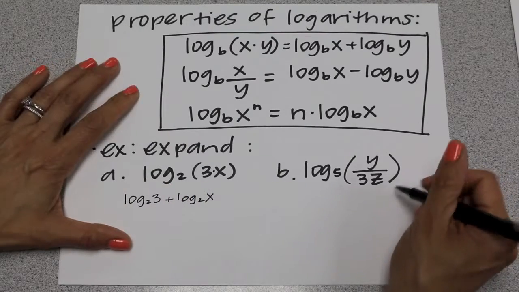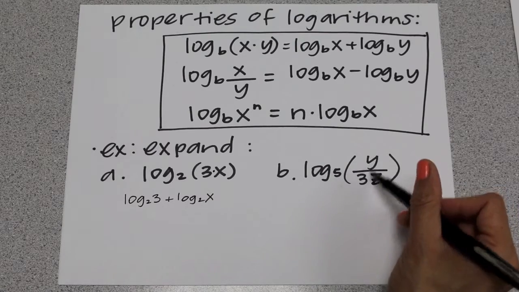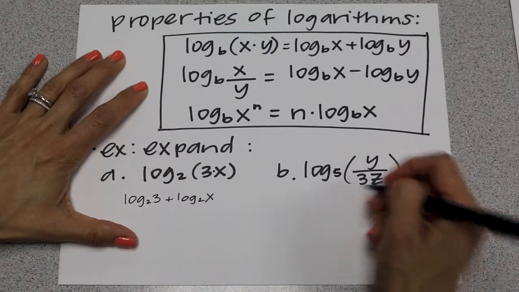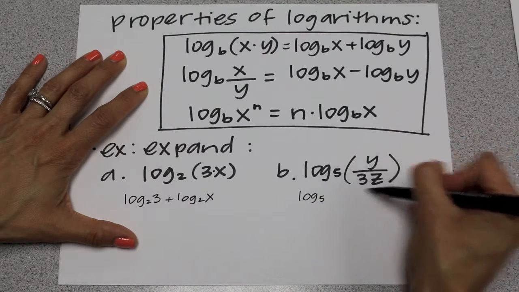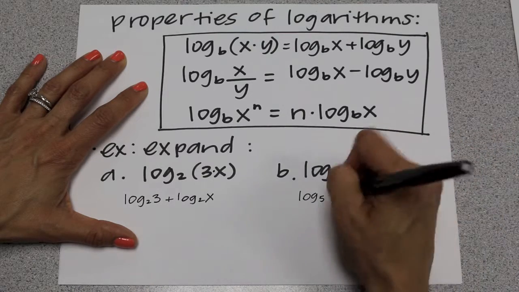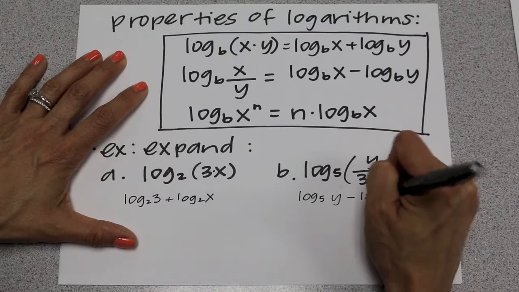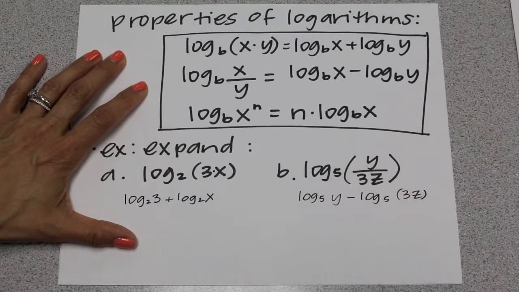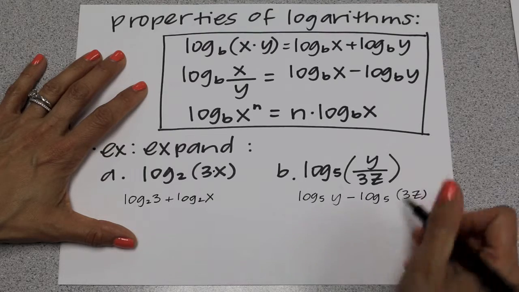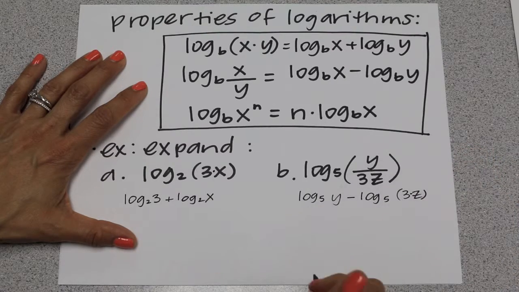Over here, you have log base 5 of y divided by 3z. So we can think of this as the numerator and denominator. So log base 5 of y minus log base 5 of 3z. And then you can go further over here because now you have a product.